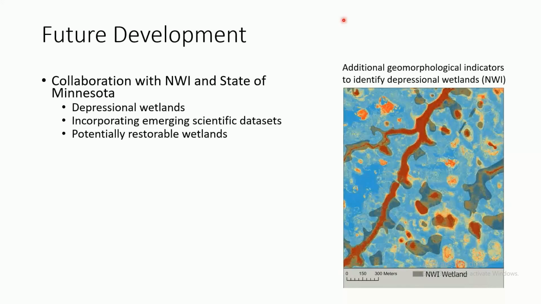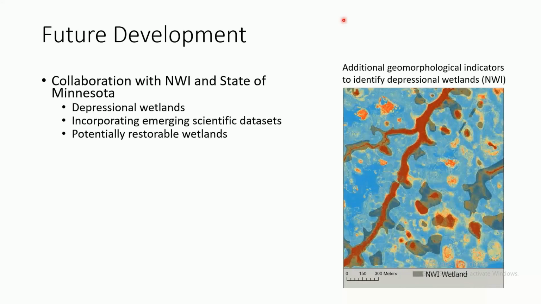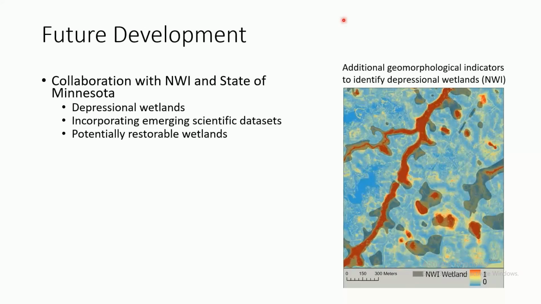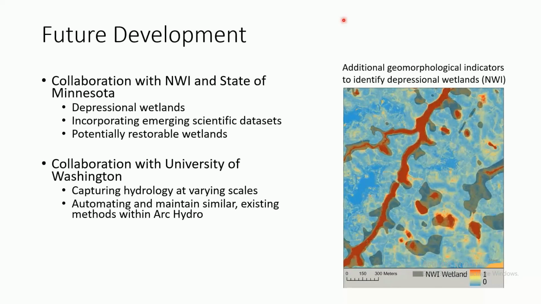But we're working with them to see how can we configure WHIM to identify depressional wetlands in the prairie pothole region. How can we easily incorporate some emerging scientific data sets? How can we reconfigure it to identify potentially restorable wetlands instead of existing?